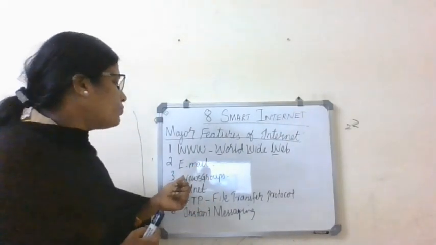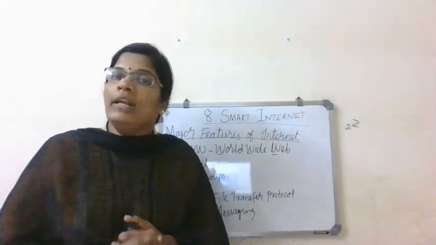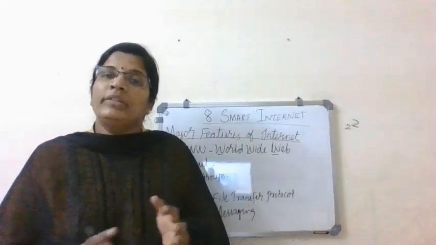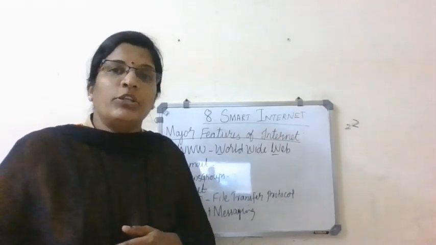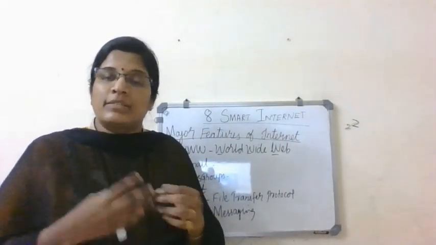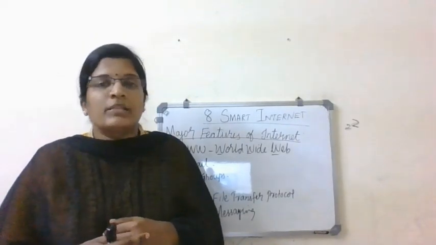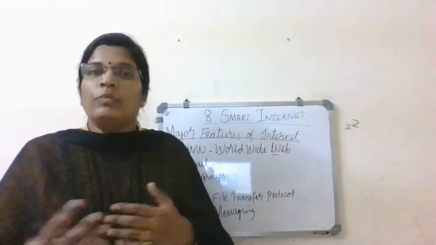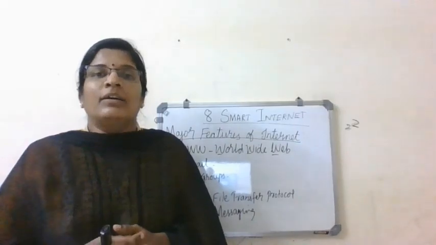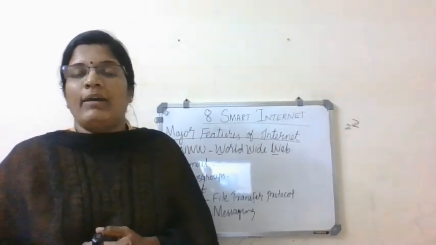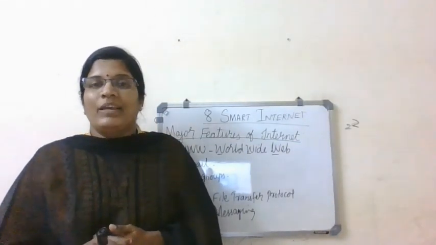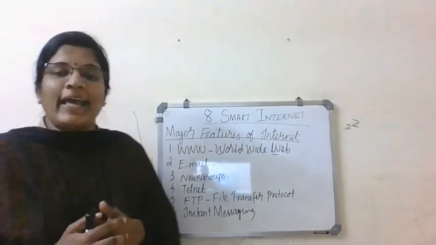Then the next one, news groups. There are n number of news groups. They deliver the latest news, or they create discussions of the latest topics, or what the viewers most like. Those types of discussions happen in the news groups. The next one is called Telnet.